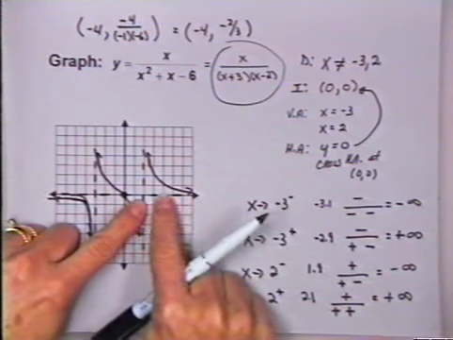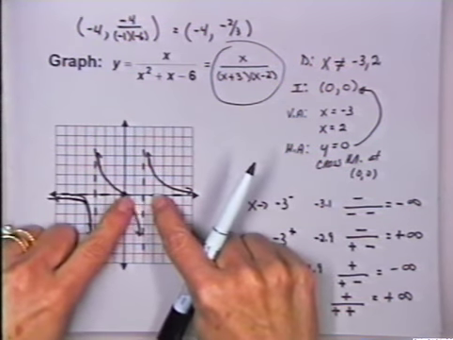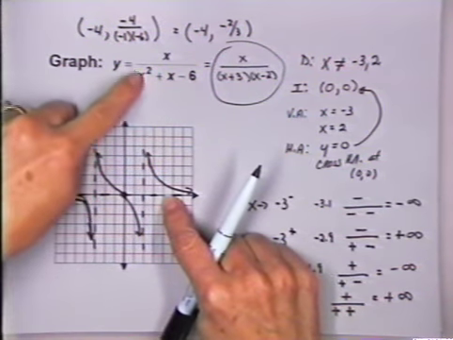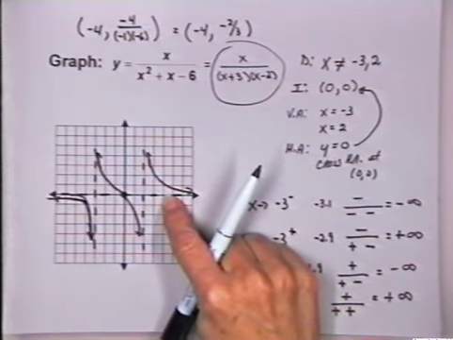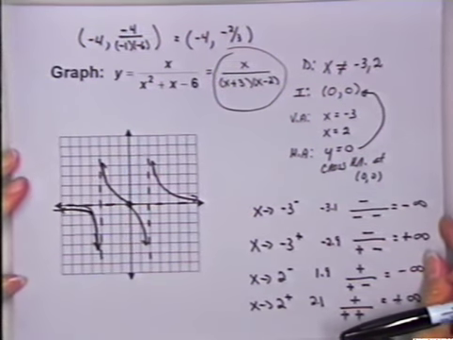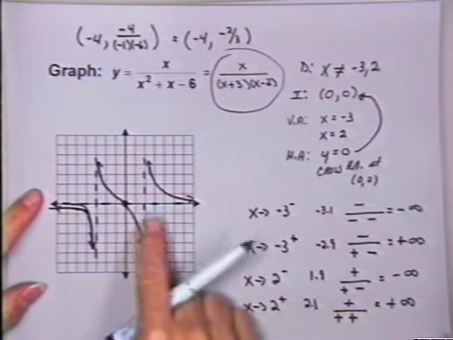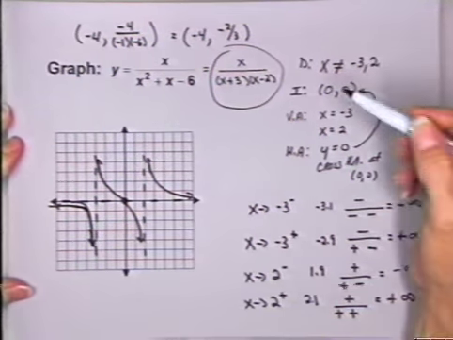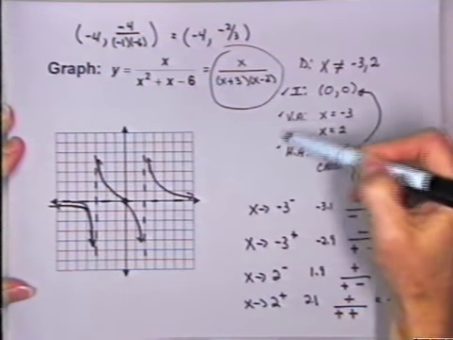Or again, if you want some exact points, then you need to substitute, say, x equals 3 or x equals 4 into your equation and get the exact y value that goes with that point. I want to encourage you to be sure and check with your instructor to see how accurate they're wanting you to be with these different branches of your graph. But what's important again is locating intercepts and these asymptotes.